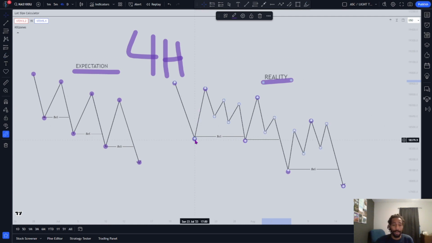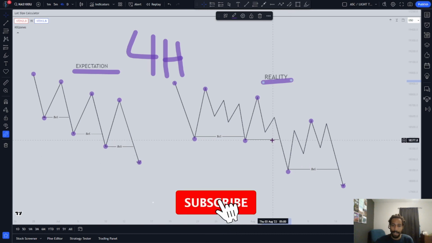Again, we have here an outermost low being broken, and that being a break of structure, causing more strength to be produced within the market.